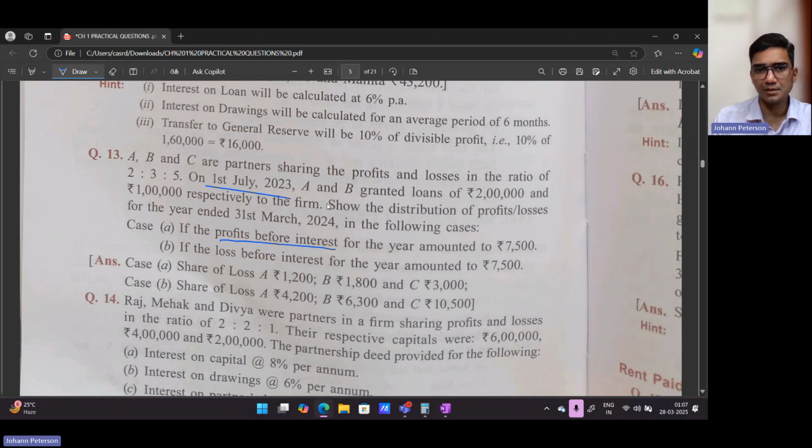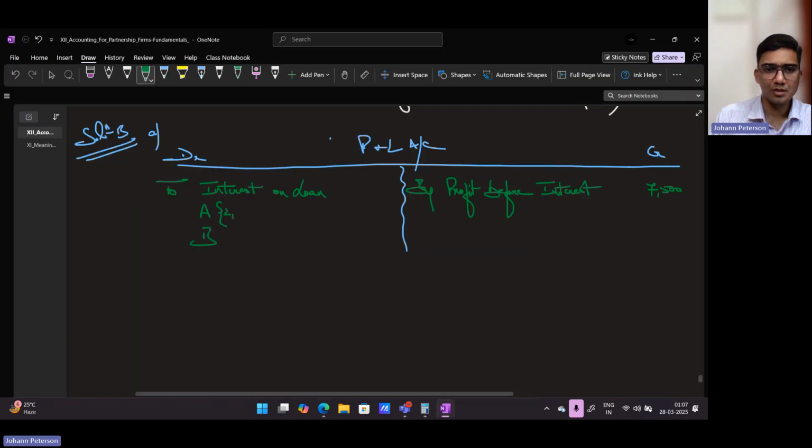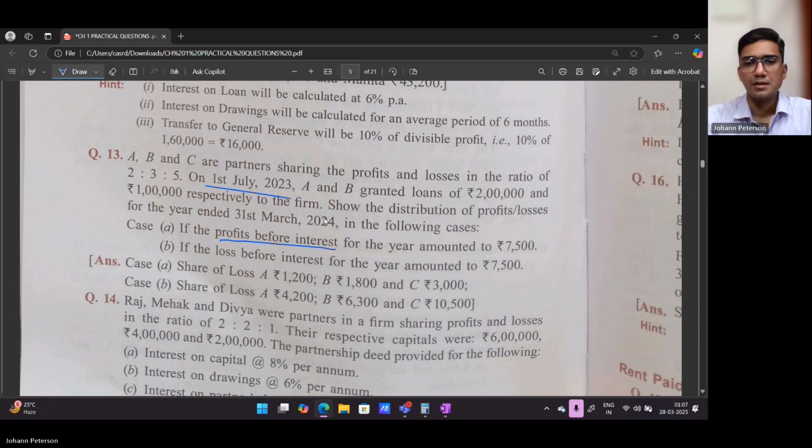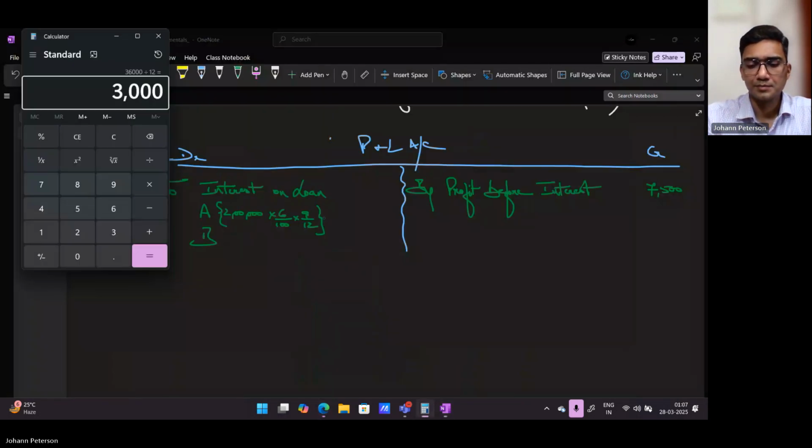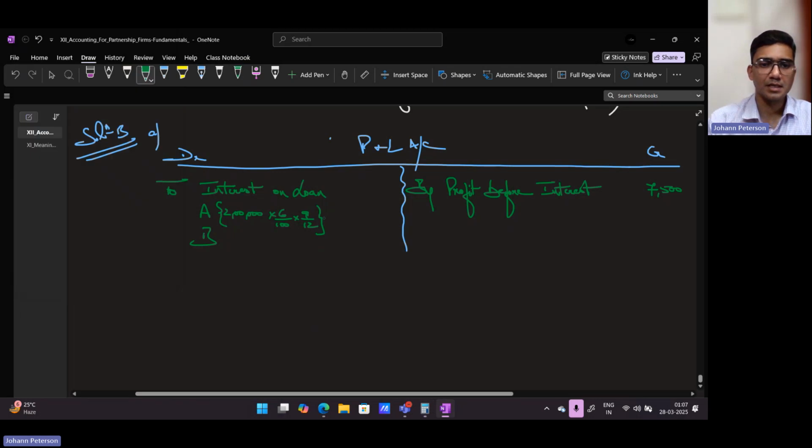So for A it is 2 lakh into 6 upon 100 into 9 upon 12. 6 into 9 divided by 1200 is 9,000.